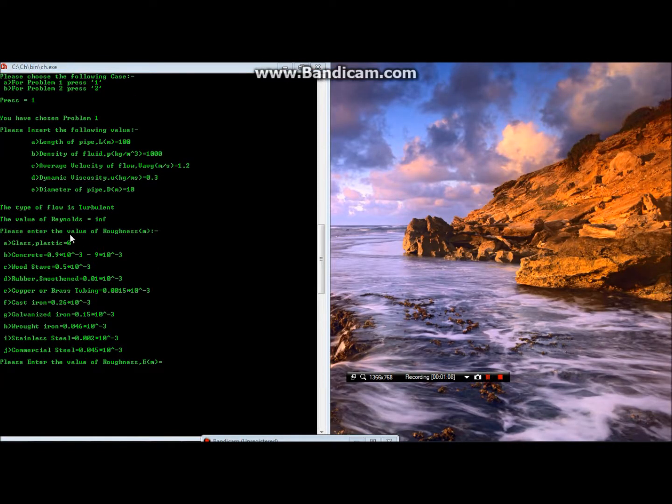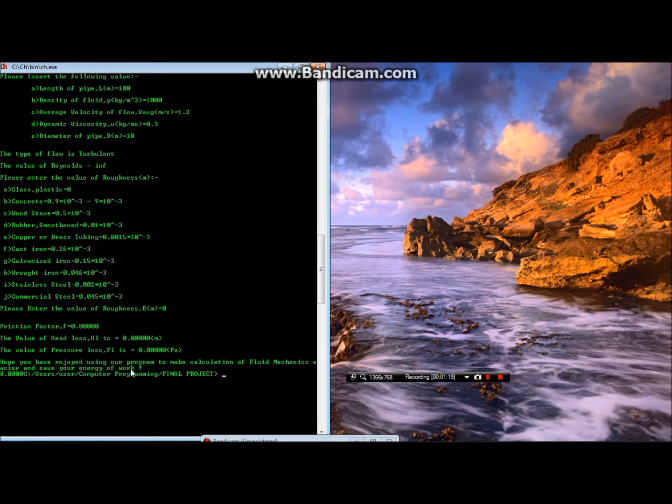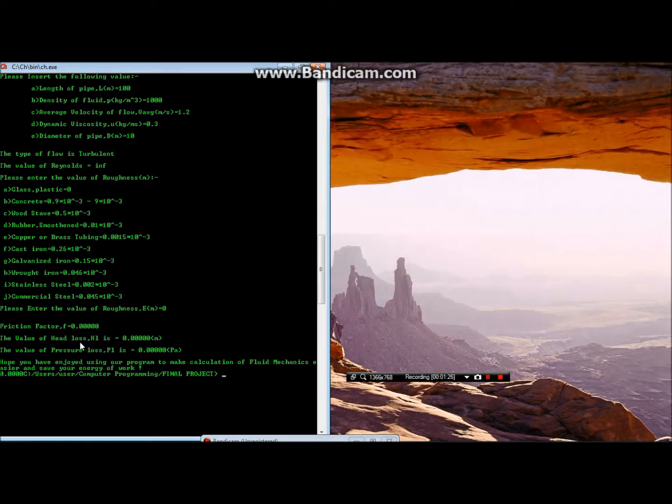I choose plastic for roughness, and the value is 0. The friction factor f equals 0, and we can get the value for head loss and the value for pressure loss.